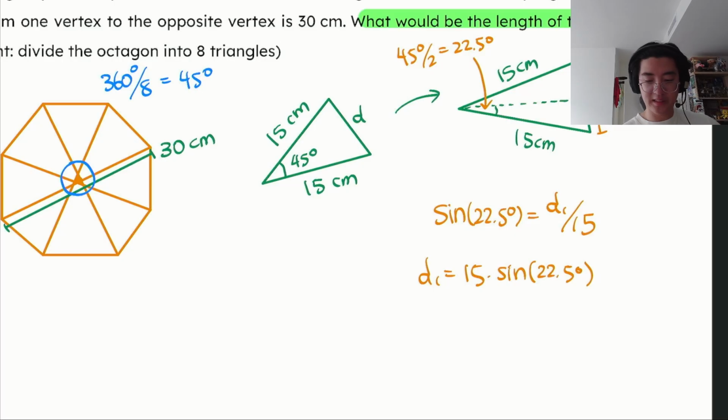This small distance is 15 times sine 22.5. Then the big distance, this D here, is 2 times that. So it's 30 times sine 22.5.